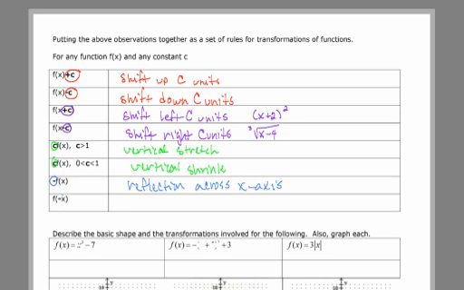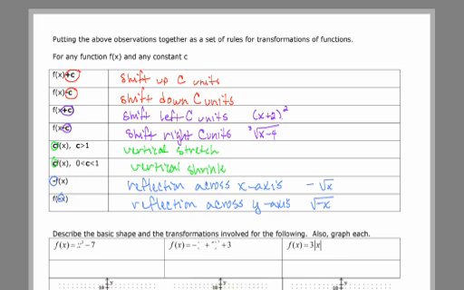And if the negative comes inside the function, it's a reflection across the y-axis. So we have to think about those reflections. Reflection just means a mirror image. If the negative is outside, it reflects the x. If the negative is inside, it's going to reflect the y.